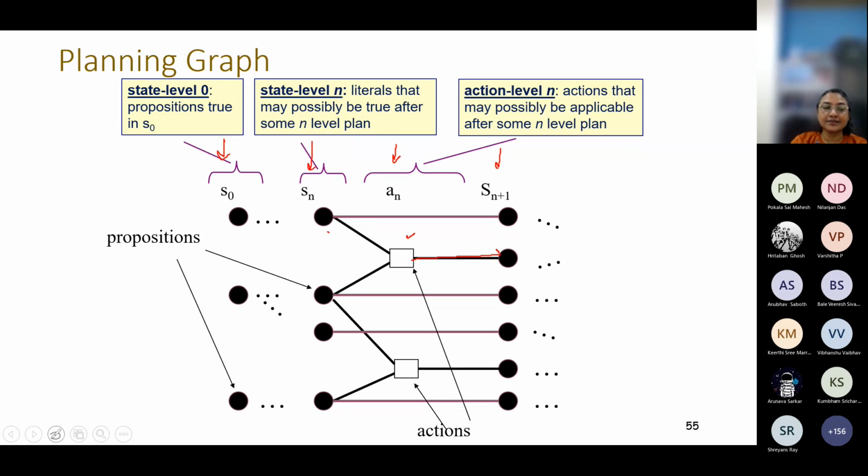How are they related? Sn plus actions should give us Sn plus 1. Right, that is okay. Can you tell me what is the size of Sn plus 1 compared to the size of Sn?